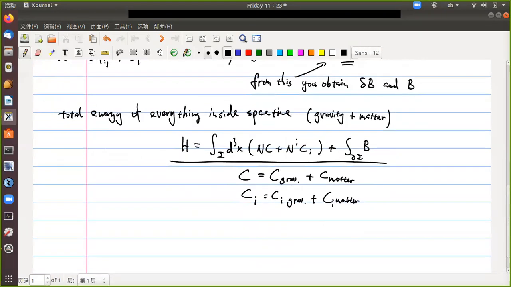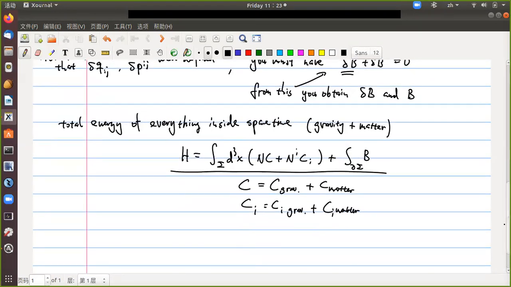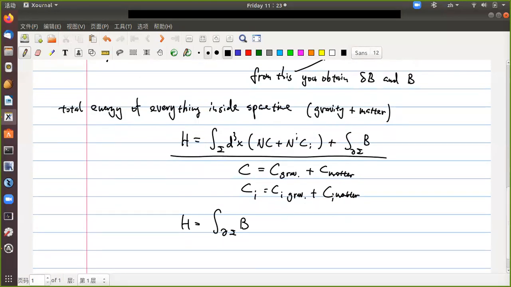And as we know, on the constraint surface the Hamiltonian constraint and diffeomorphism constraint are 0, so the total energy is just the boundary term B. Once you compute B, the resulting B is the total energy of everything inside spacetime, including gravity and matter.